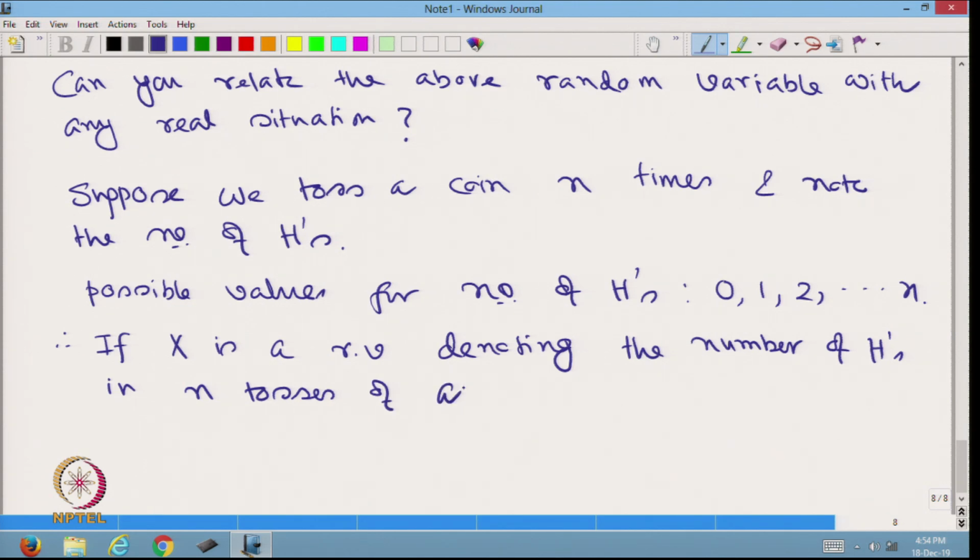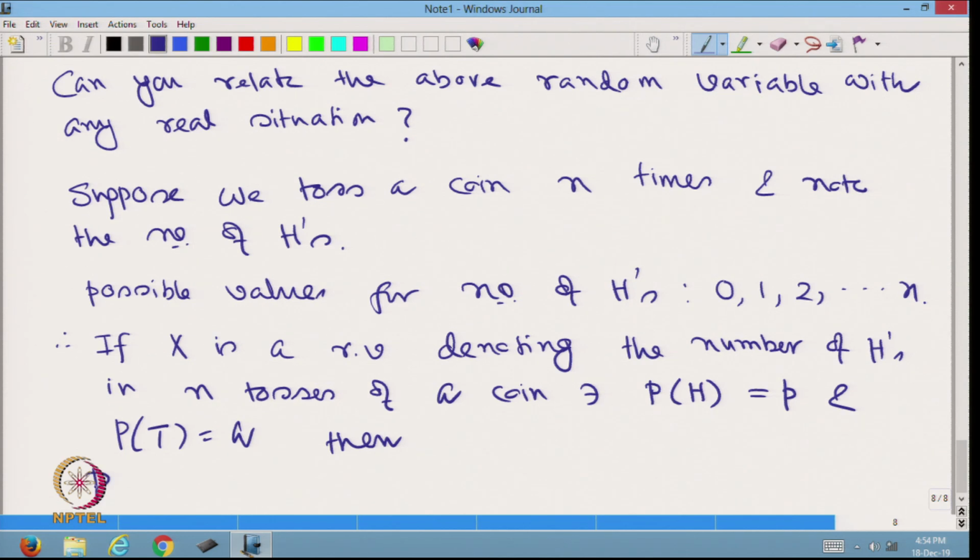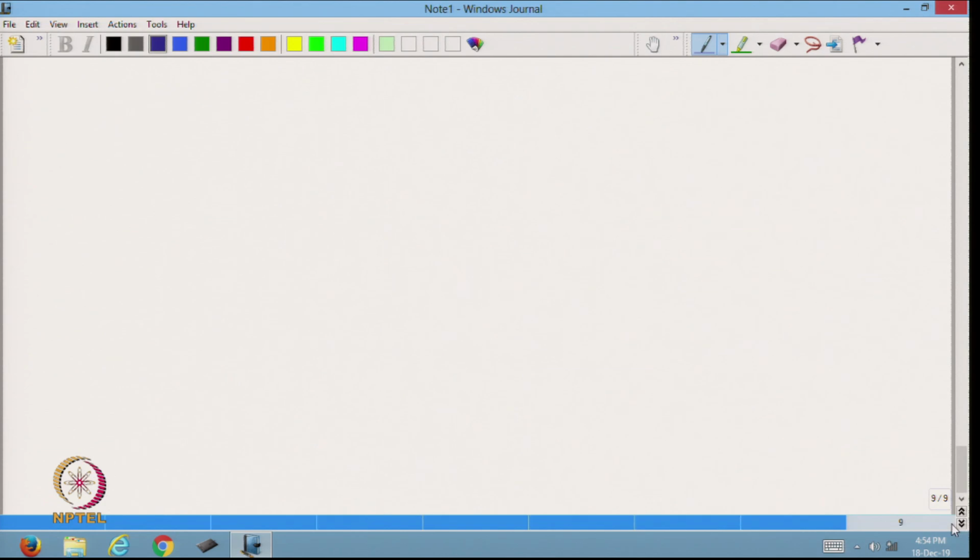of a coin such that the probability of head is equal to p and the probability of tail is equal to q, then the probability x is equal to k is n c k p to the power k q to the power n minus k. Why?